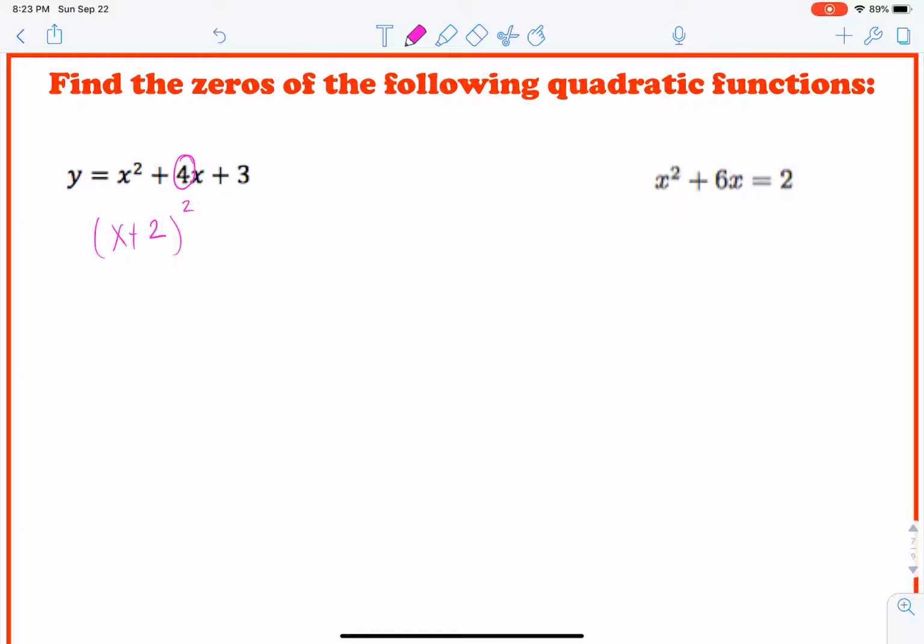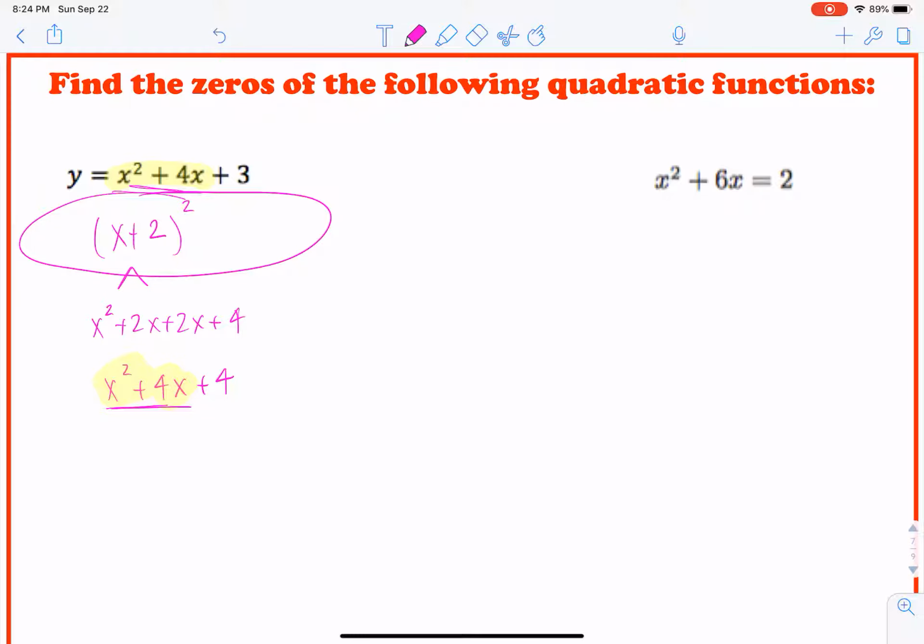And I know in my head that x plus 2 squared really looks like x squared plus 2x plus 2x plus 4. So x squared plus 4x plus 4. And if I look at my original piece up here, I have x squared plus 4x. These two pieces are matching up until their very last term. So I want to think to myself, what will I have to do to this right here in order to make it match my above equation?